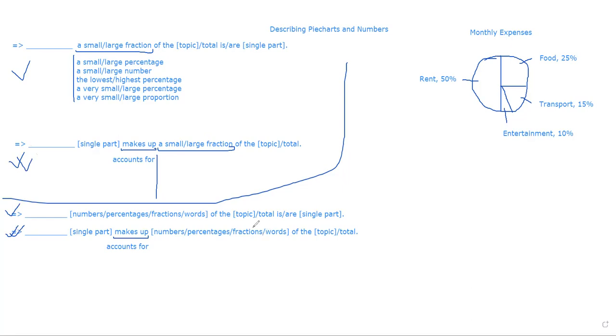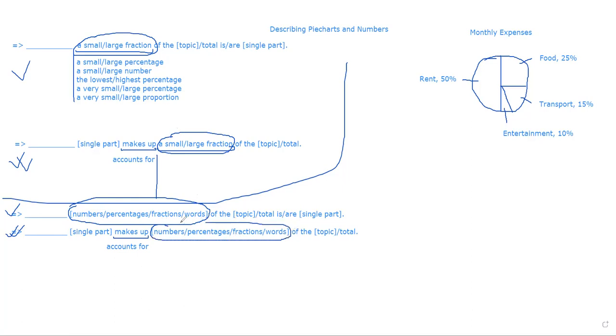The only difference is for the first paragraph of the body we are using general expression, and for the second paragraph of the body we are now including the specific data. These are the differences, nothing else.